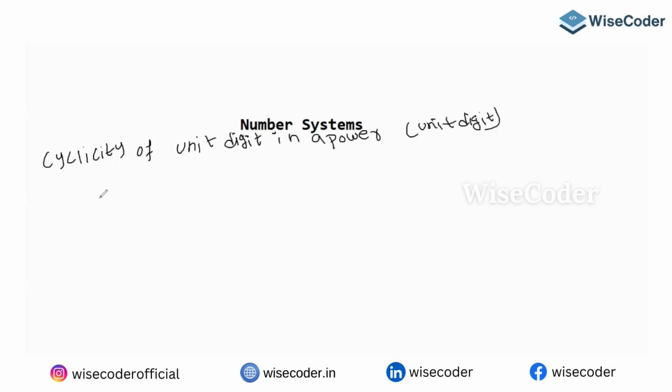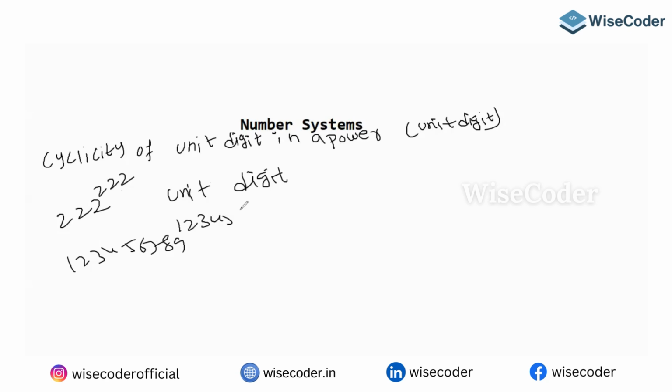Let me explain. Someone will come and ask you 222 power 222, what is the unit digit? And 123456789 power 123456789, what is the unit digit? In 5 seconds you have to give your answer.